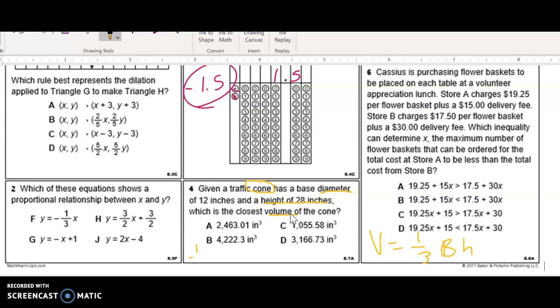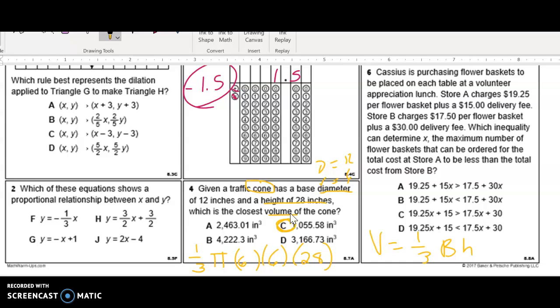So it's 1/3 pi r, but diameter is 12, so r is 6. 6 times 6 times 28. And when you do that, you get C.